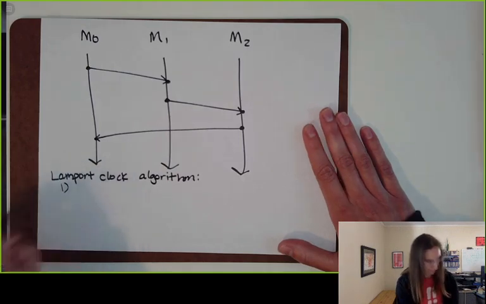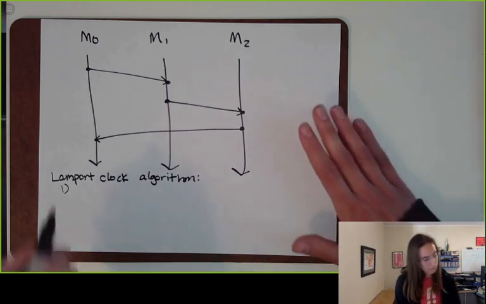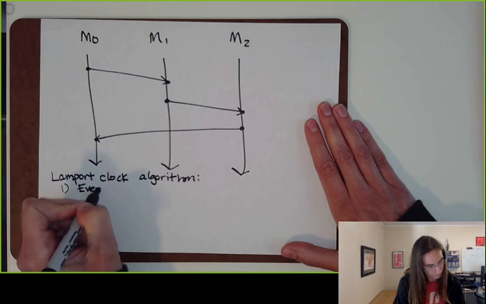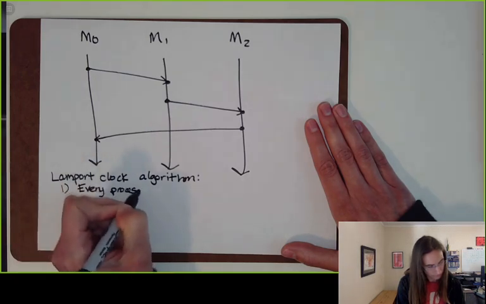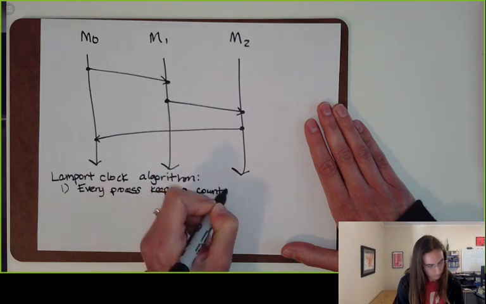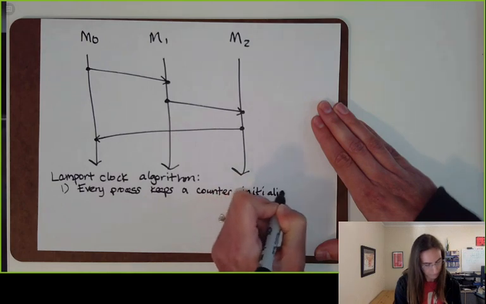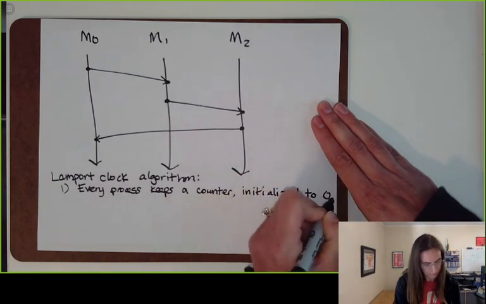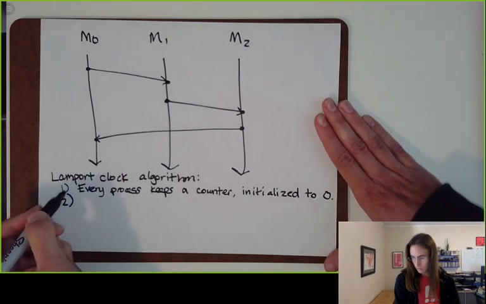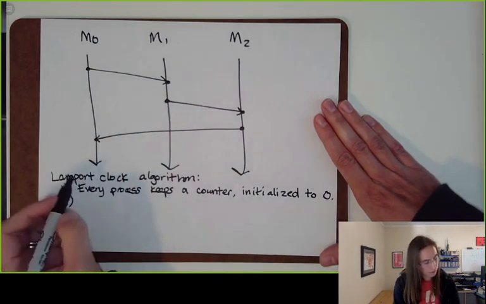First, every process has to keep a counter, initialized to 0. Second, on every event on a process, that process is going to increment its counter by 1.